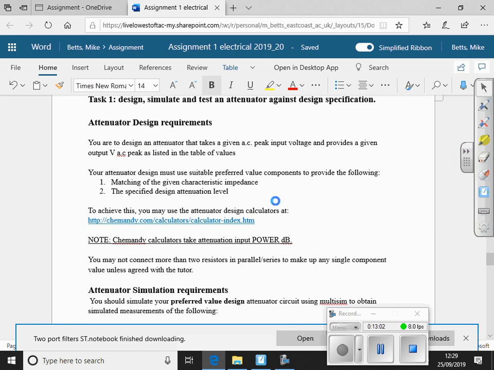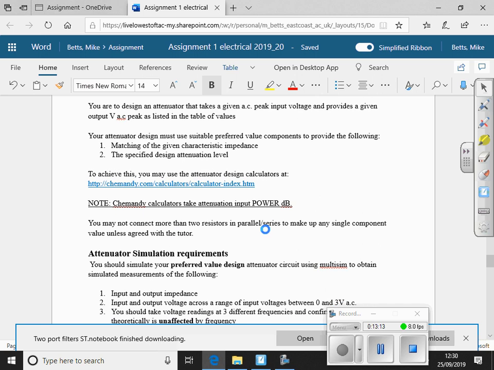But they might not be using the same set of components, so they'll always get different values. So you're going to design an attenuator to match the given characteristics, specifying the design attenuation level. Use the calculators. You do some manual calculations, and you use the Chimandi calculator to check those, and it gives you an indication of what you're going to get when you change your components to preferred values.